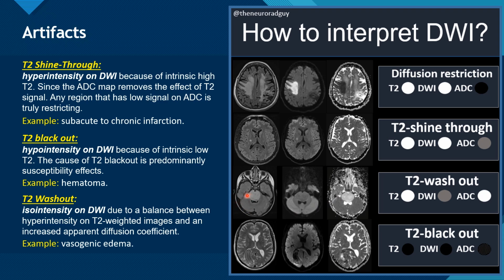We also have this high signal on T2 weighted image due to the increased T2 relaxation, which more or less negate each other and appear as an iso-intense signal on the B1000 images. And this commonly occurs, as we just mentioned, in areas of facilitated diffusion such as vasogenic edema, low cellularity tumor, and possibly in CSF if both the B2 values and ADC values are equilibrated.